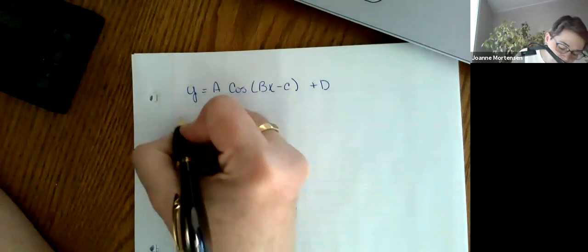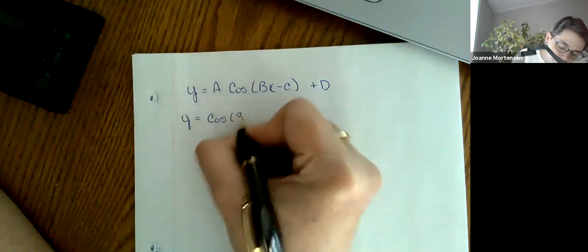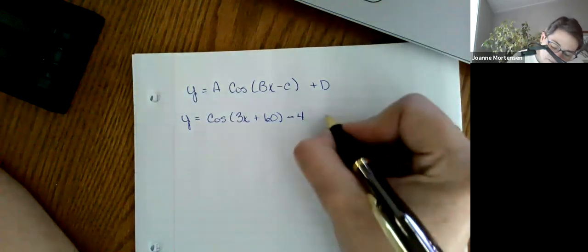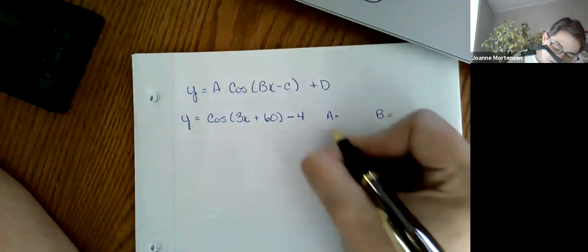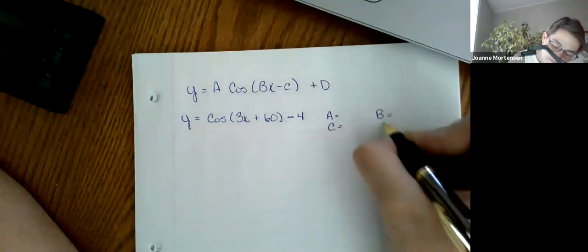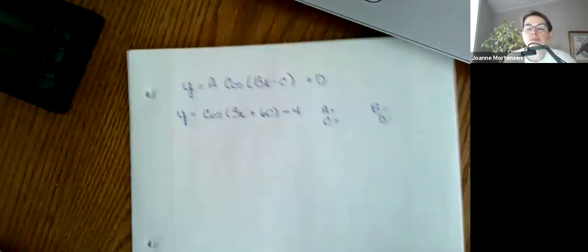Either memorize that or that should be on your formula sheet. What if I give you an equation? y is equal to cos 3x plus 60 minus 4. And I want you to find A equals, B equals. I'll put them like that so I don't make them so squishy.